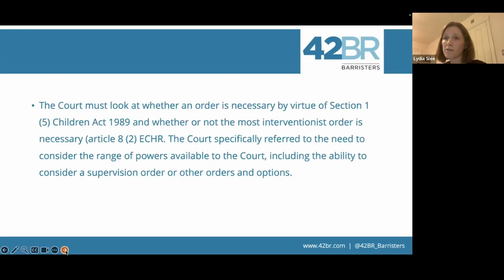And this slide simply reiterates the requirement under the legislation to look at the test of necessity, but also to consider the least interventionist orders and all of the range of powers available to the court.